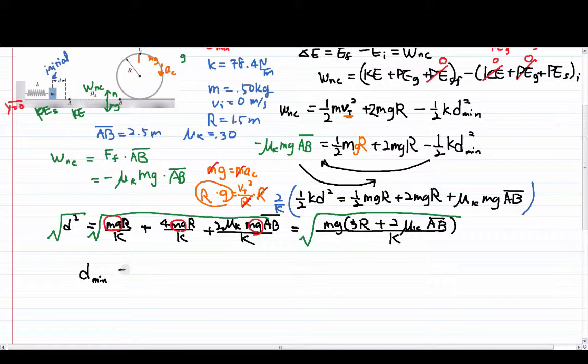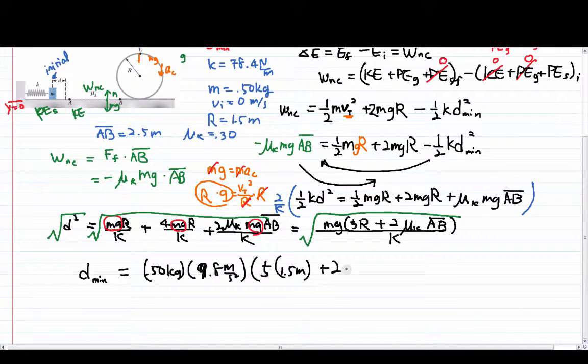D minimum is equal to, mass was 0.5 kilogram times, oh, don't forget the gravity constant, 9.8 meter per second squared, and then 5 times the radius of the circular track, 1.5 meter, plus 2 times 0.3 times 2.5 meter, all divided by our k, the spring constant, 78.4 Newton per meter.